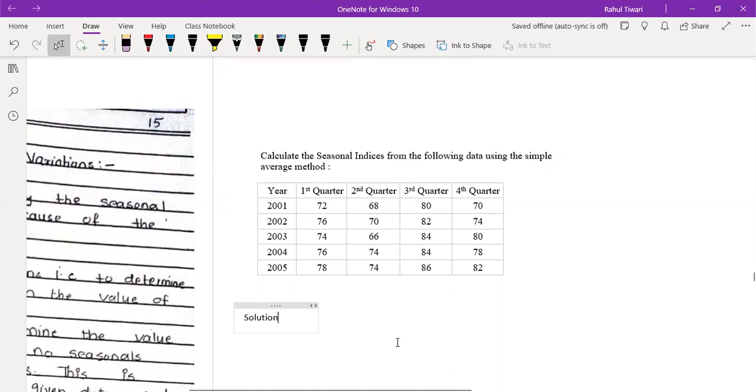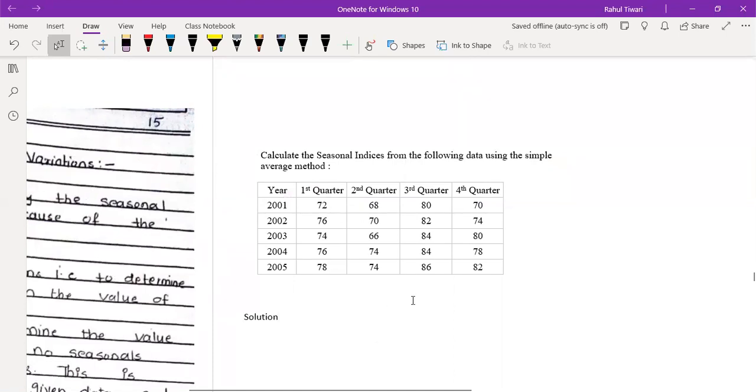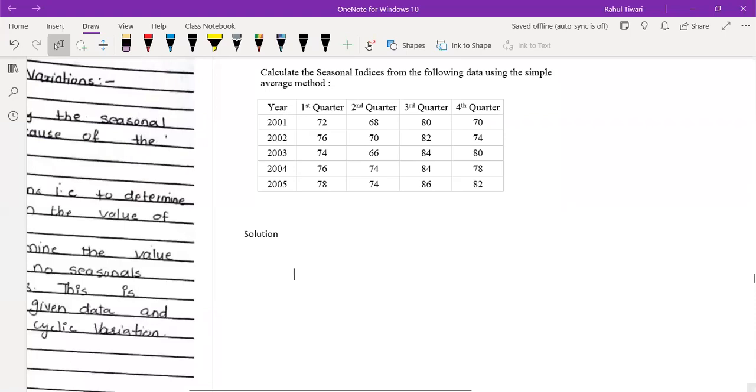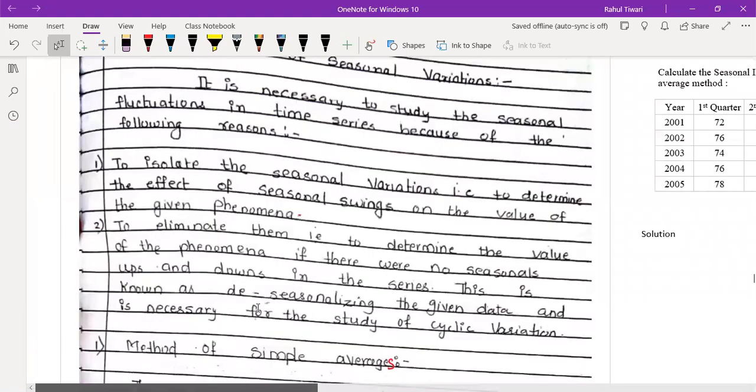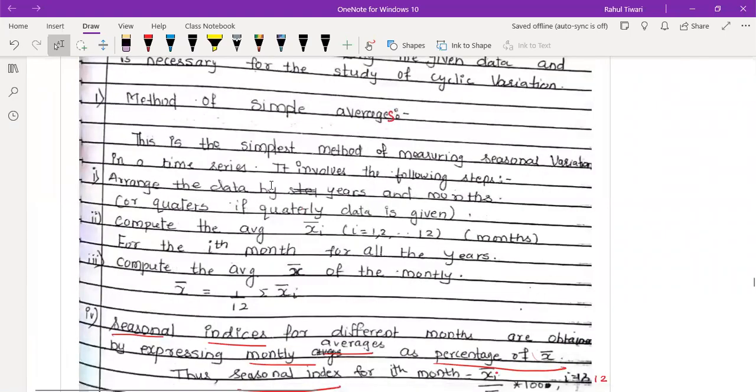How to do the solution? What is the first step they said here? Arrange the data by year or month. You can arrange the data yearly, monthly, or quarterly, based on the data given to you.